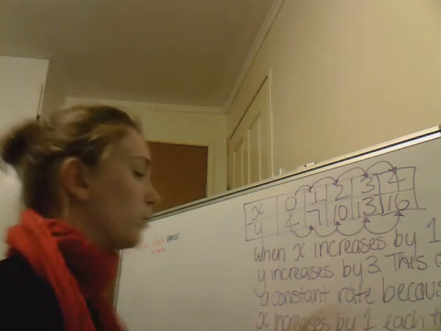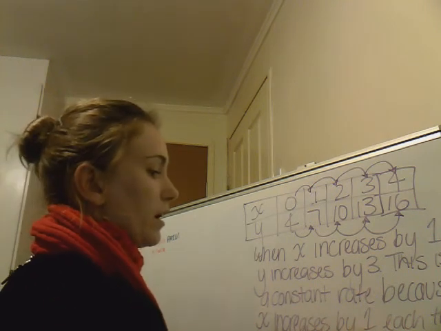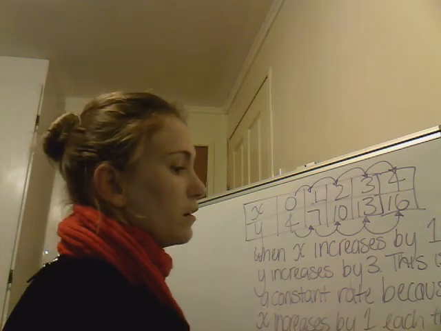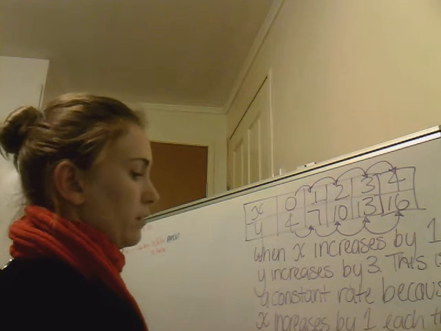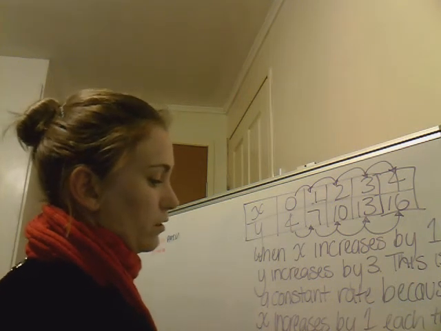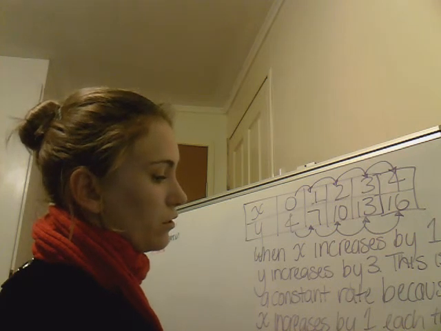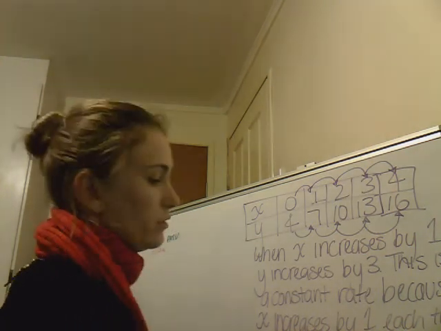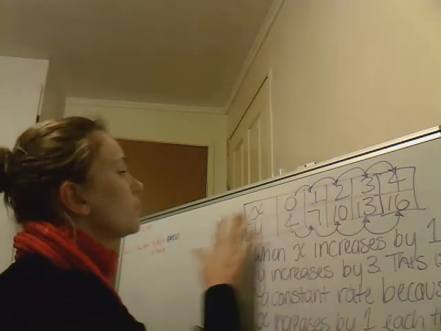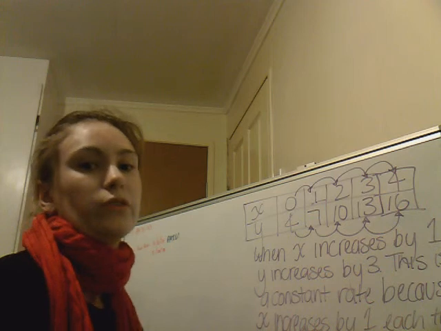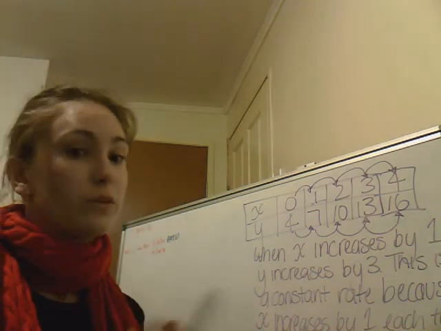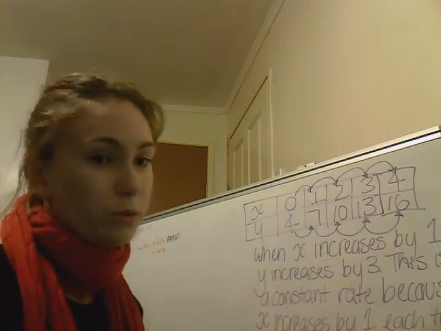So x increases by 1 each time, and y increases by 3 each time, constantly, or a constant rate of change. So that's how you should be justifying your answer. Look for a pattern and see what's happening between those two variables. So if you were given a question of justify how you can tell the relationship is linear, that's how you would be approaching it.